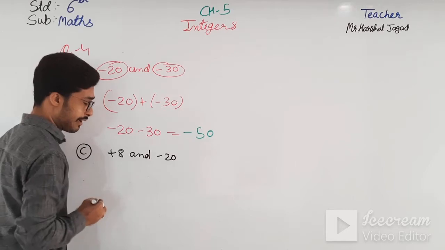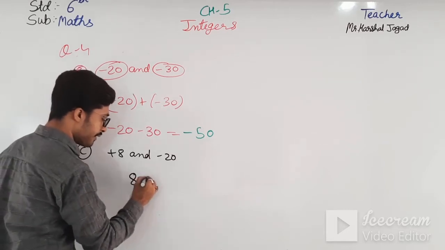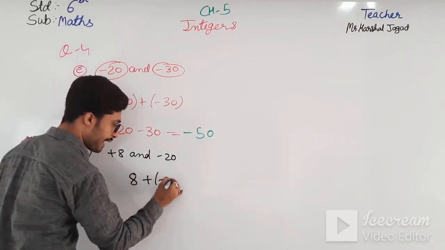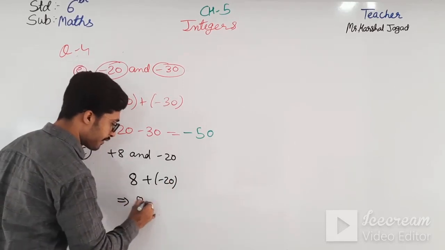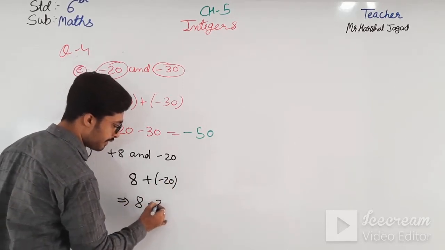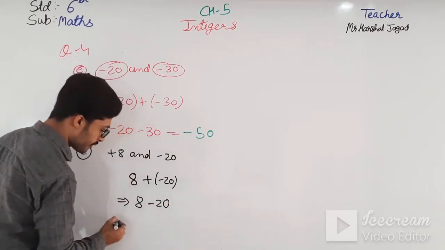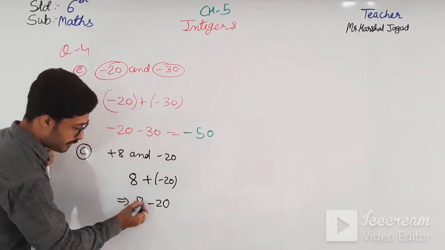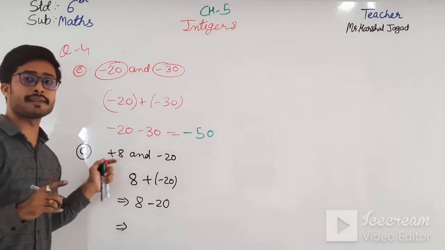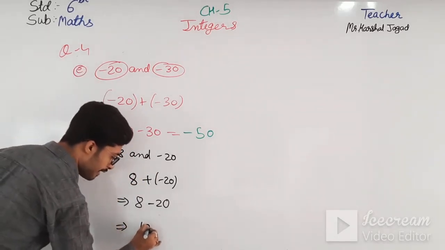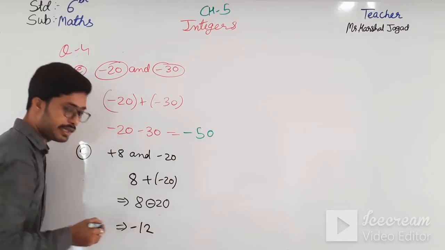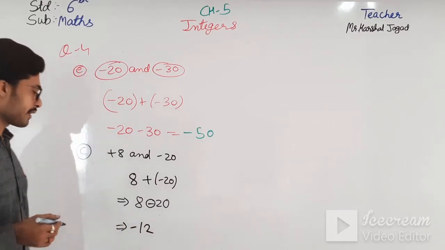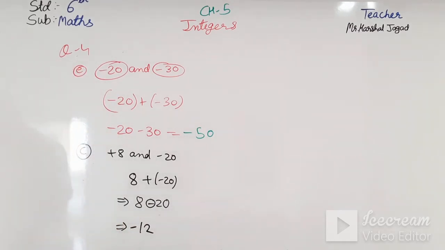In that, 8 plus minus 20, so 20 minus 8, that is 12. But the bigger number has minus, so here it will be minus. Okay students, moving further.